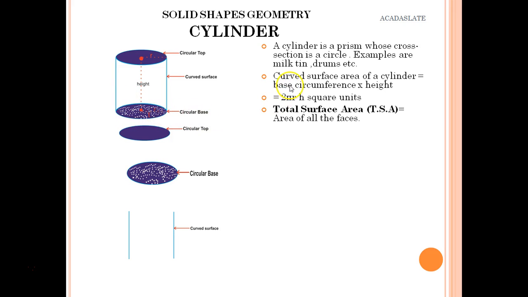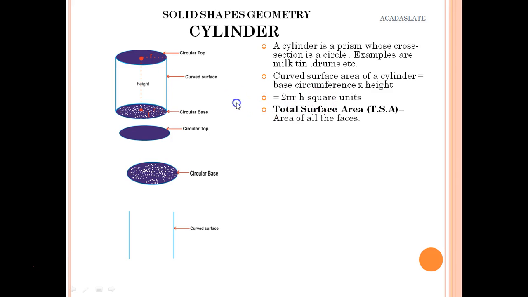So when we talk about base circumference, we are talking about the circumference of the circle, and the circumference of a circle is 2 pi r. So the curved surface area of the cylinder is equal to 2 pi r times height, that is the base circumference times height. And since it is an area, the unit must be a squared unit. So that is the curved surface area of a cylinder, 2 pi r h.